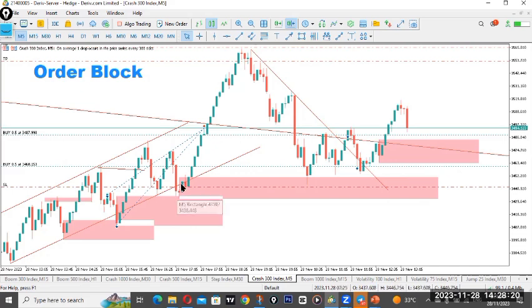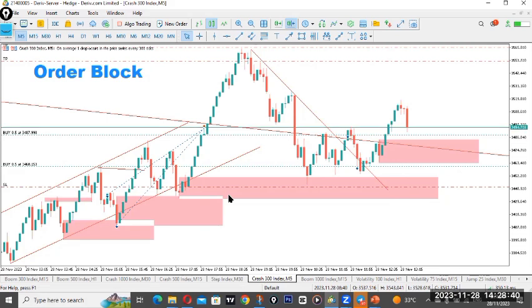Number two, you have to make sure that if you are taking this order block, this is the first test of this order block. The first test of this order block is the surest one. It's the most probable. You are more confident that it will work if it is the first time price is testing it.